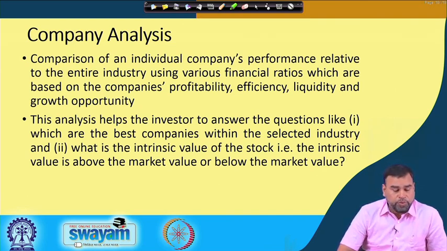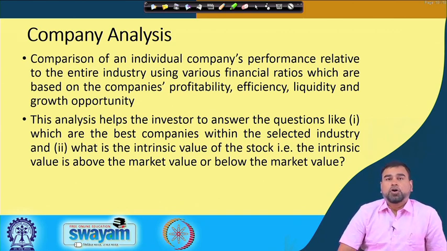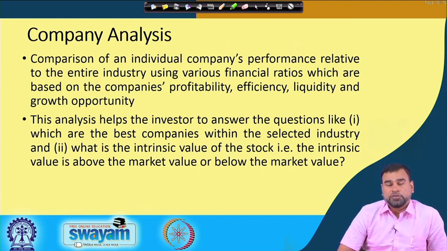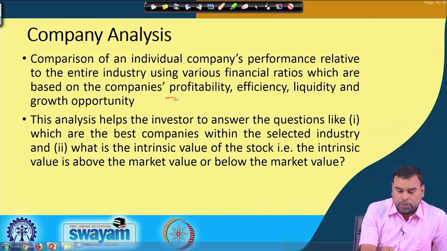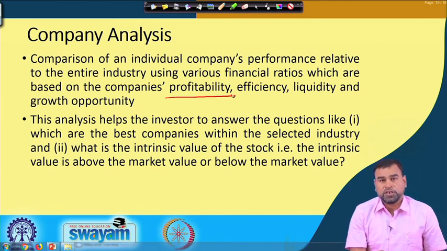So, here we are trying to find out the profitability of the company, how much growth opportunity the company has, whether the company is liquid or not, and what kind of efficiency the company has. All these things will tell us whether we should invest in that particular company or not. Whenever we talk about profitability, you might know which ratios we look at.